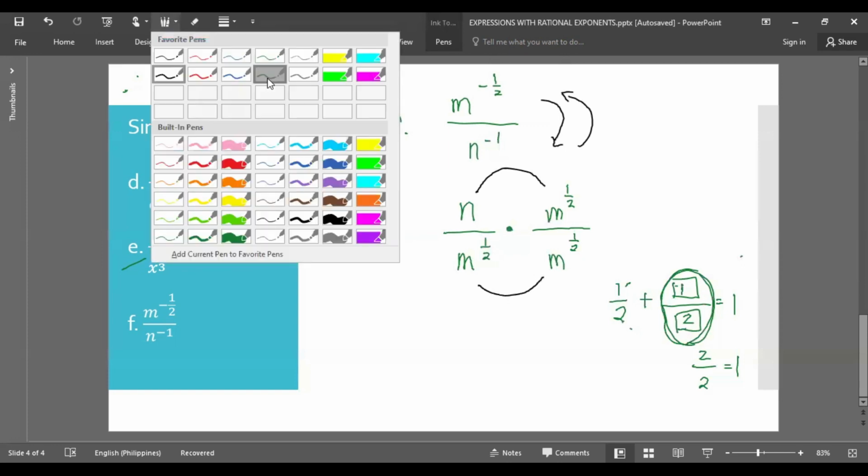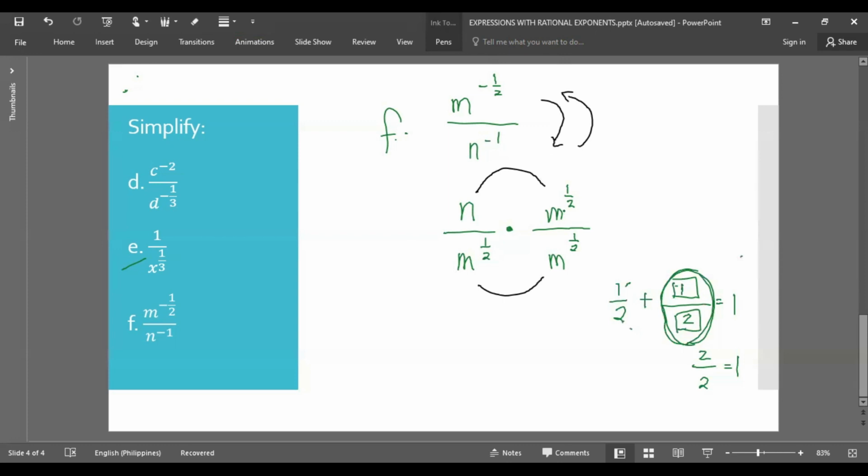N times m raised to 1/2. Wala namang magkaparehas na variables dito, kaya we simply put n m raised to 1/2. Okay? All over m raised to 1/2 times m raised to 1/2.